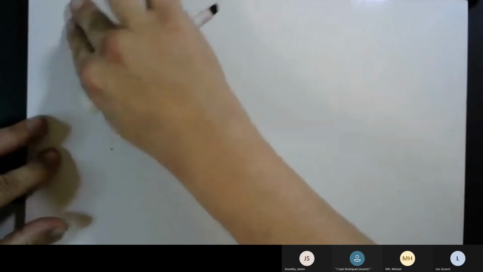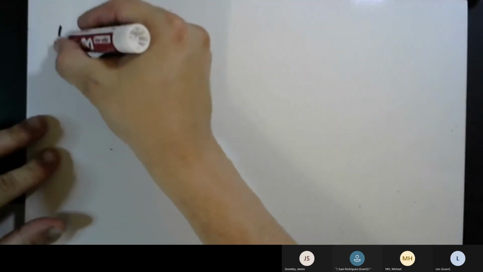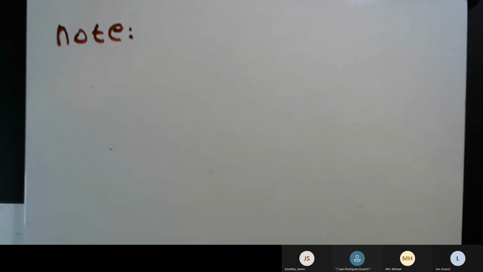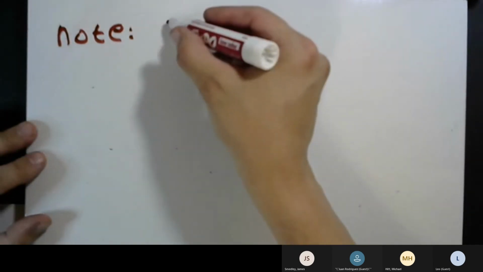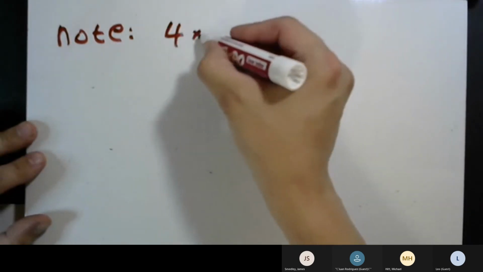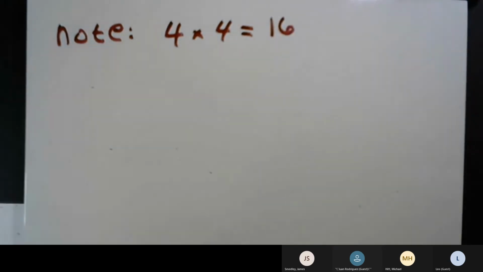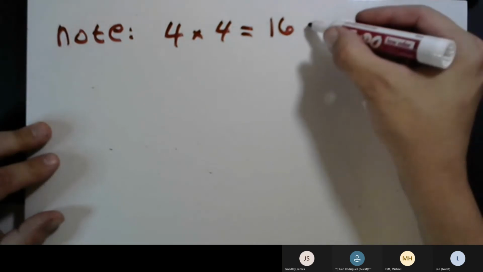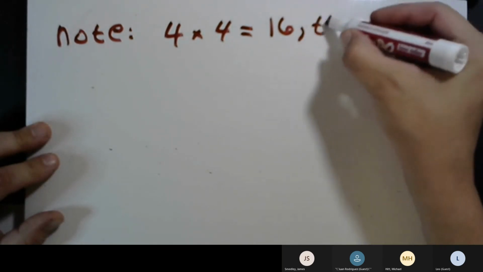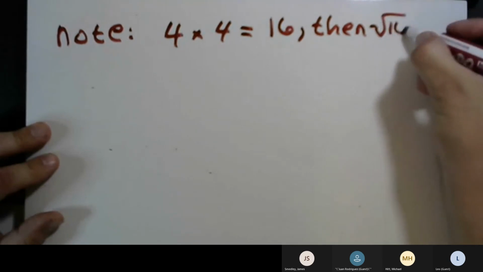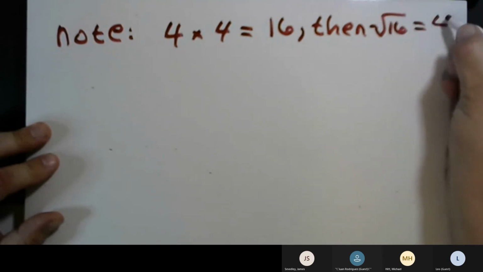So here, let me make a note. 4 times 4 is 16. So this means the square root of 16 is 4.